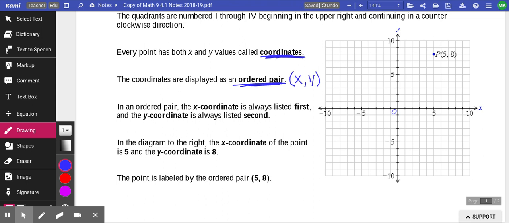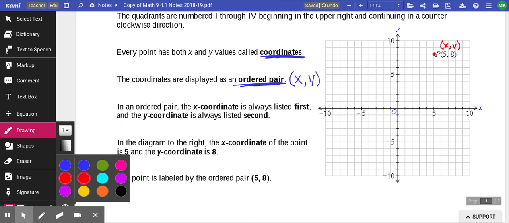So for instance, if you look on this Cartesian plane, they've given you a coordinate. They've labeled point P over here. The coordinates for point P are right next to it. It's (5, 8), which means those are your X and your Y values.